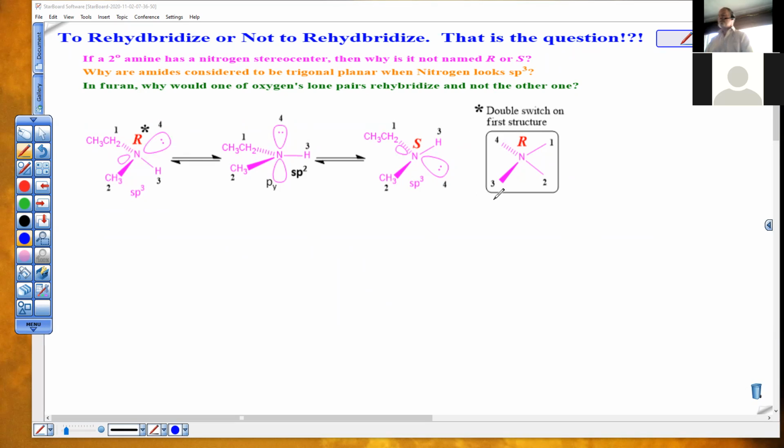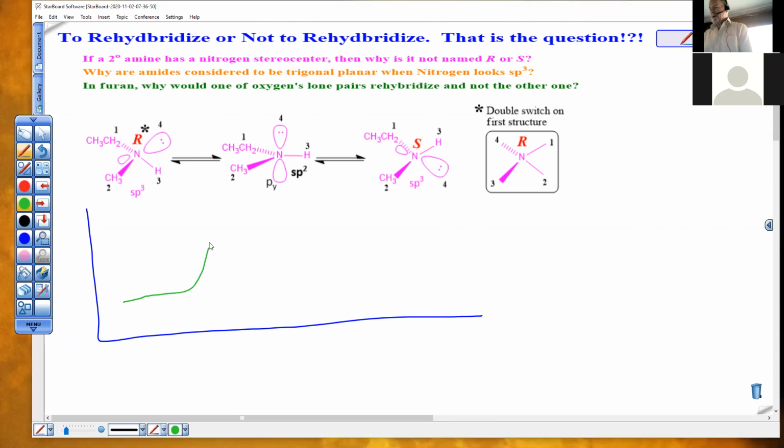The barrier for this, if you follow this with a potential energy diagram, going from one species to the other, this nitrogen really likes being sp3. It's got a barrier to get up to the sp2, and then a symmetrical barrier getting down to the other sp3.